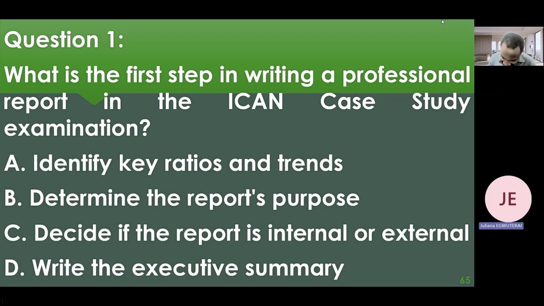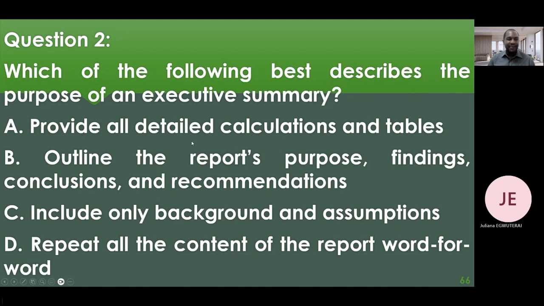Julie says C: decide if the report is internal or external. Number 1 is C. That's the main thing. If you get it wrong initially, you have trouble with the rest. Let me go to number 2 quickly because of time.